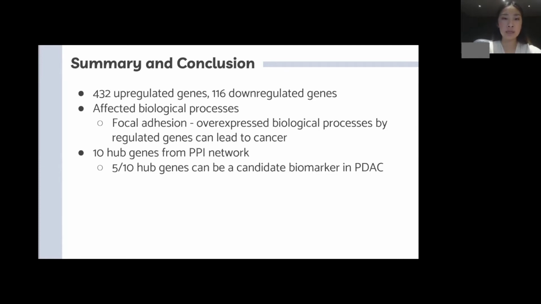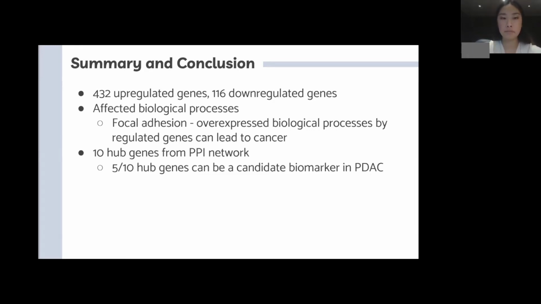Out of these 10, 5 of them, FN1, ITGB5, ITGB4, STC1, and COL4A1, are positively correlated with poor prognosis and can be candidate biomarkers in PDAC. Further understanding of the mechanisms of these genes can help us understand the progression and treatment of pancreatic ductal adenocarcinoma.